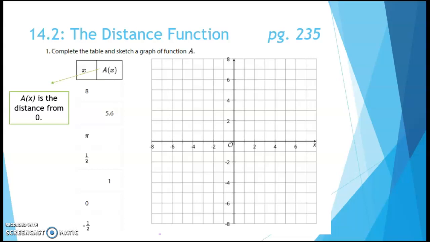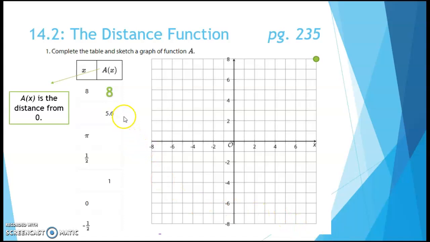So your goal here, your task, is to complete this table and sketch a graph of the function. Now, this first example where x is 8, I know that that is 8 away from 0. So on my graph, I'll have a point at 8 for the guess and 8 for the distance from 0.